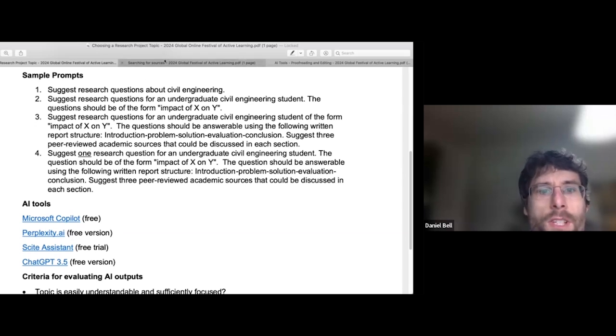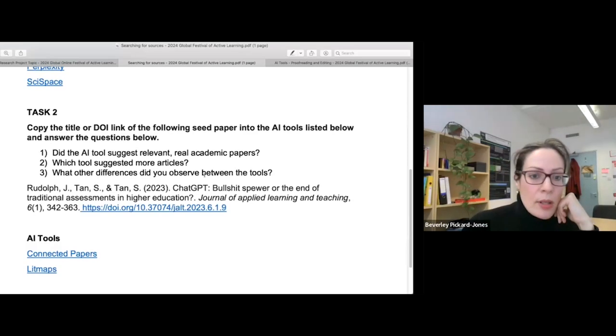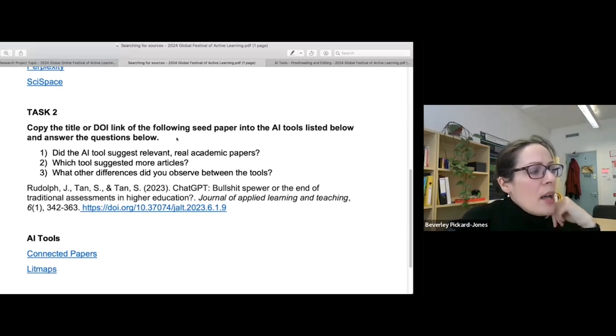As for searching for sources, let me just go to that. What did people think about searching for sources? We used a range of the tools that were offered, and ChatGPT 3.5 and 4 were both used. There was a mix of genuine sources and hallucinated ones.